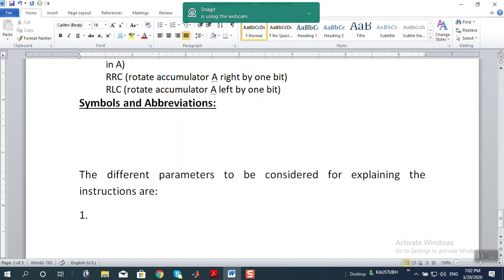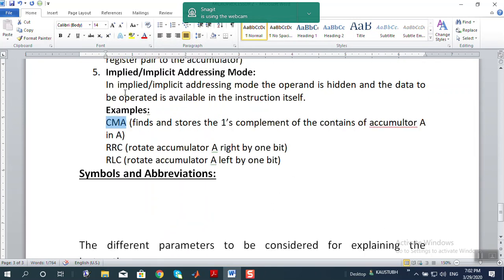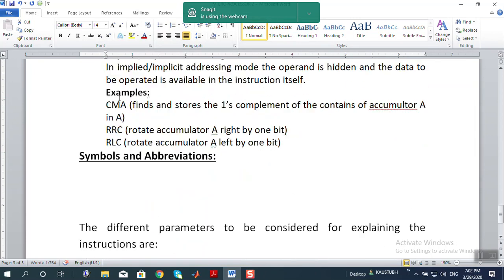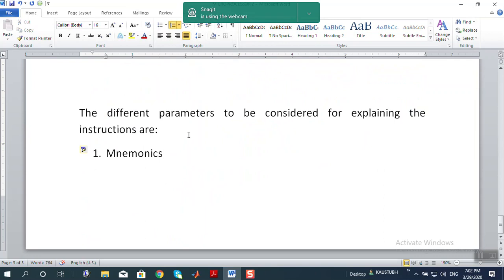Number one, we'll consider the mnemonics. For example, RRC or RLC, MOV or CMA, LDX, these are called mnemonics. Mnemonics means an English-like word that does not have any literal meaning and does not have any abbreviation.